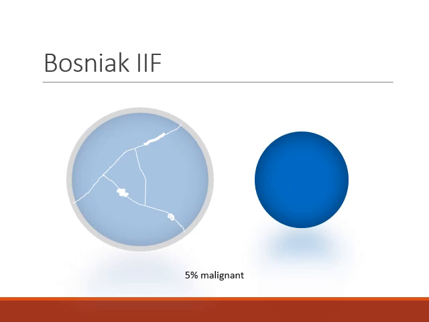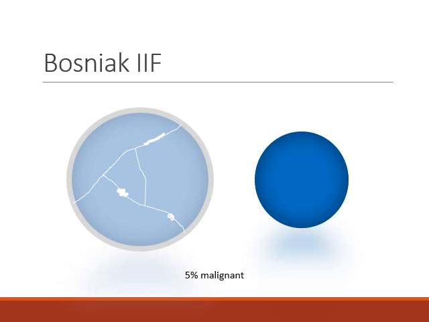Again, there is no measurable enhancement in a Bosniak 2F cyst. When talking about hyperdense cysts, any hyperdense cyst above 3 centimeters is also a 2F. There are no agreed rules for the follow-up interval. At my current trust, we tend to say a 6-month interval follow-up imaging is adequate.